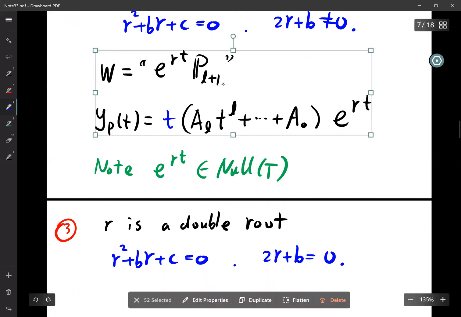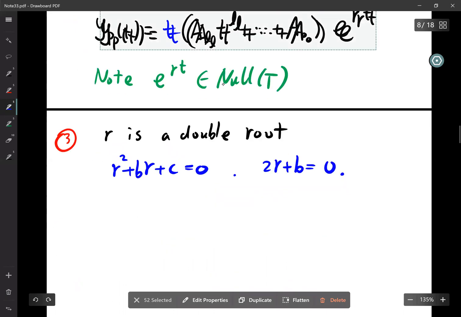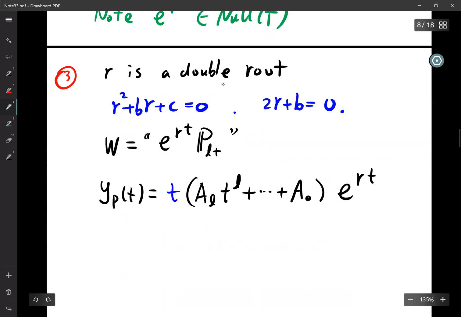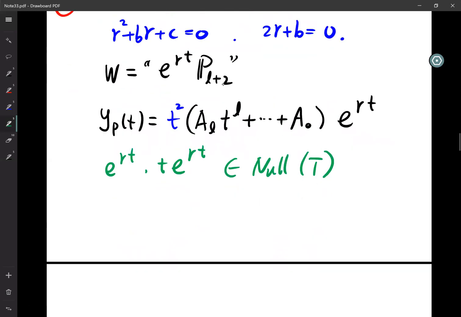Let's copy it down here. I change this thing to 2, and I get a square. Again, both exponential RT and t times the exponential RT, which are the constant and linear term with respect to t, are in the null space, so I don't need to add them now. That's it. So we have really covered all the possible cases.